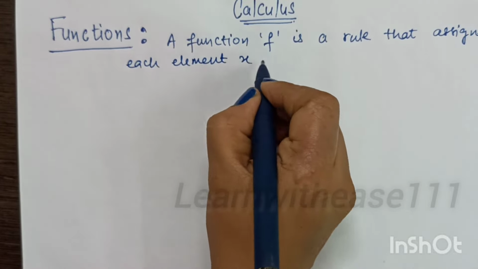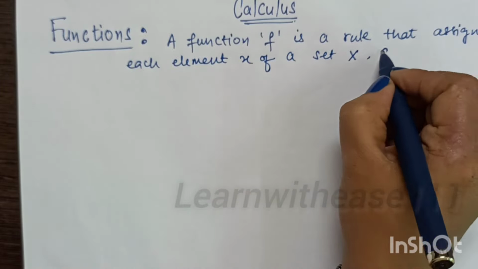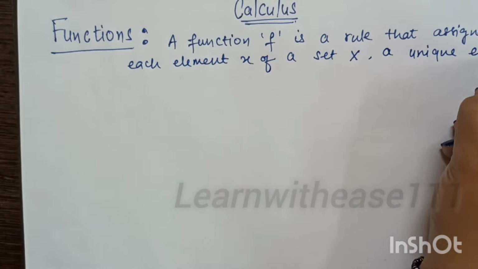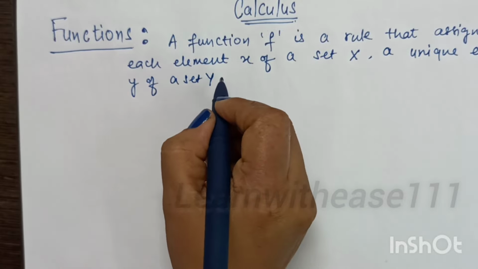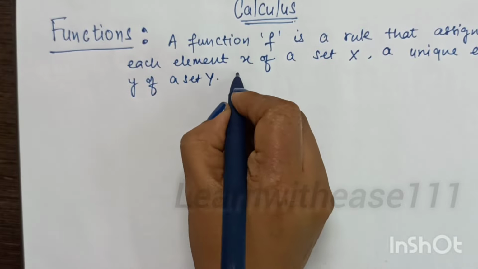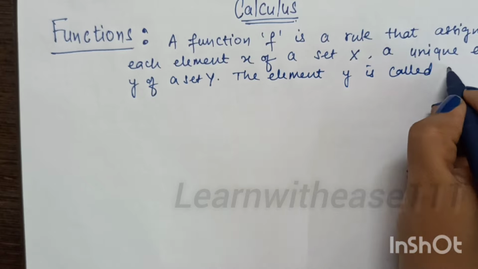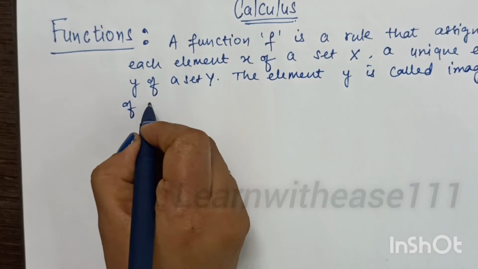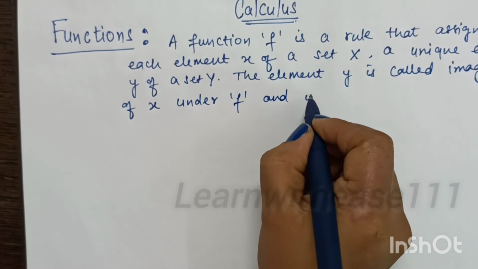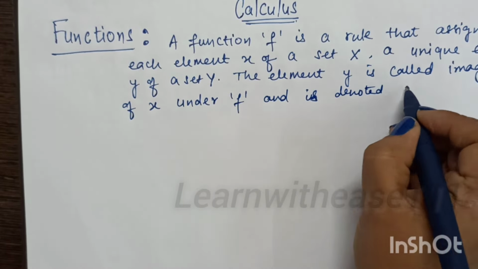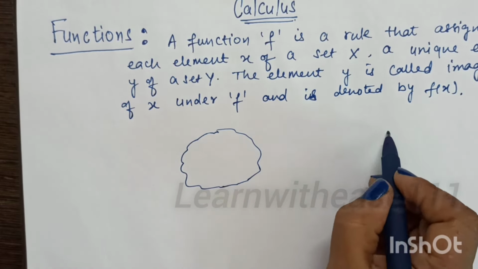One is set X, another is set Y, and a function will be defined from X to Y if the function is a rule that assigns each element small x of a capital set X to a unique element small y of the other set capital Y. We denote elements by small letters and sets by capital letters. So the element small y is called the image of x under f and is denoted by f of x. We generally write it as y is equal to f of x.